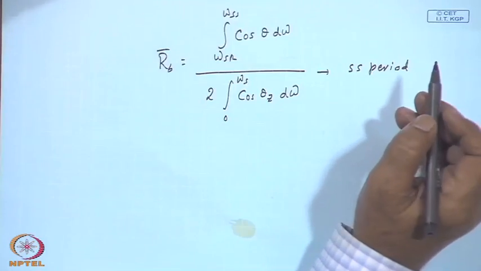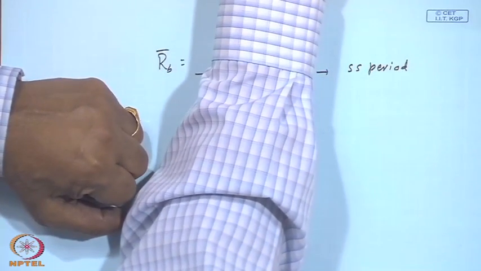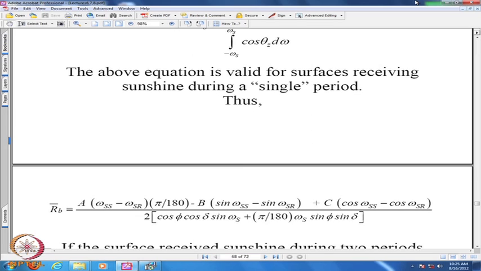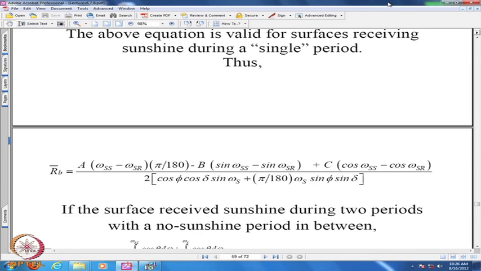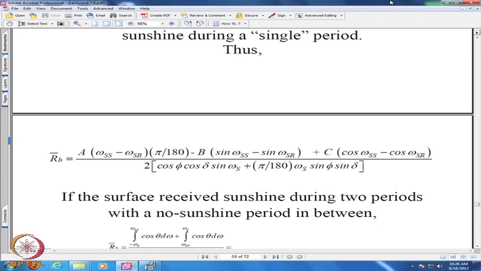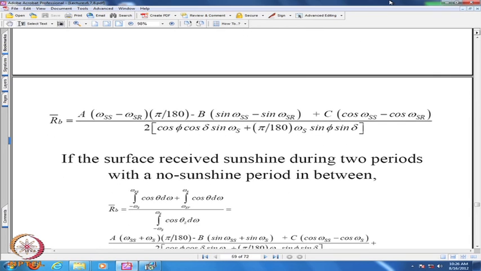At that point of time, we did not have this wisdom of how do you distinguish between single sunshine period and double sunshine period, and we generally assumed it will be from sunrise to sunset, apparent or otherwise. So, if you integrate it under terrestrial extraterrestrial conditions, this is what you will have: a into (omega_ss minus omega_sr), and I emphasized with pi by 180, if you use omega_ss and omega_sr in degrees, it should be converted to radians.